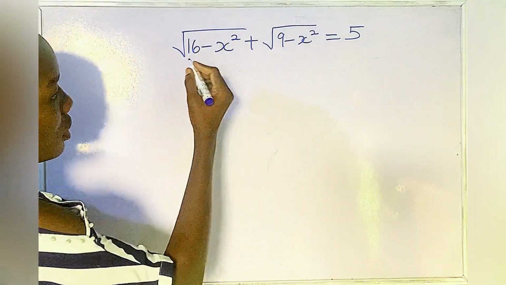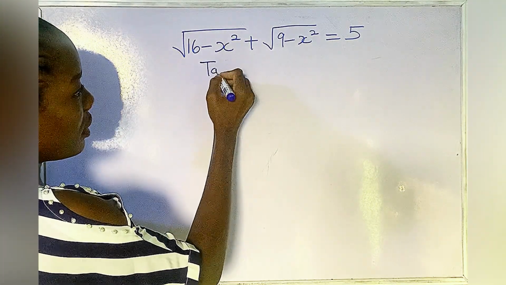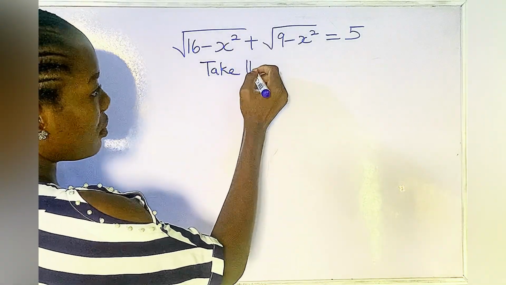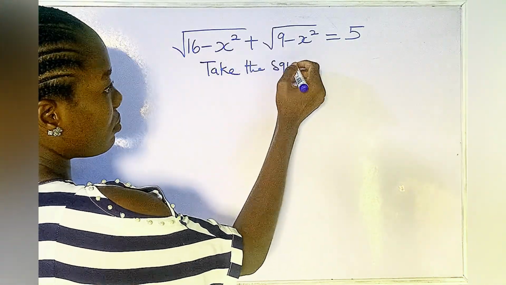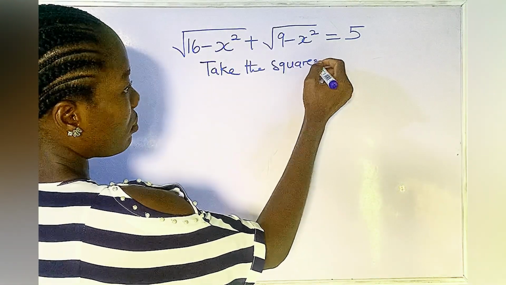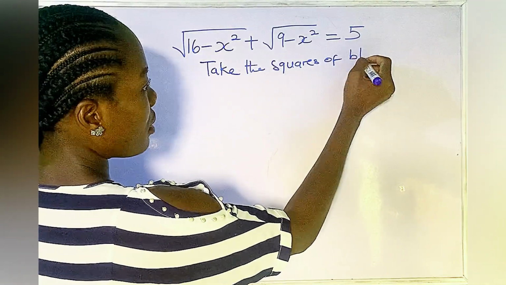Okay, let's solve. Here we'll take the squares of both sides.